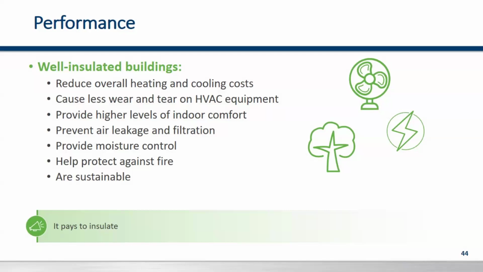The benefit of having that high R value is properly conditioning that building. A lot of wear and tear is associated with the HVAC systems. Those systems are very costly to repair and replace if they're not well maintained or if they're overworking.